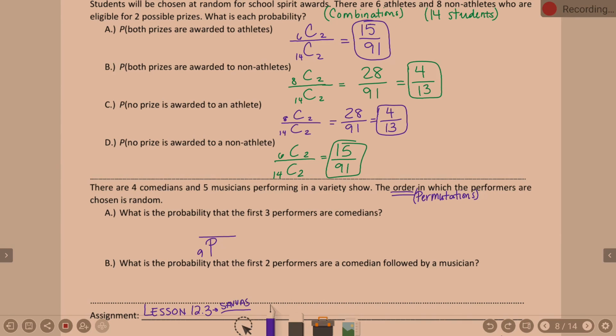We're trying to order 3. Now, the probability question, which ones are we talking about here? The first 3 performers are comedians. So what's that going to mean? We're picking from 4 comedians, so 4P3.